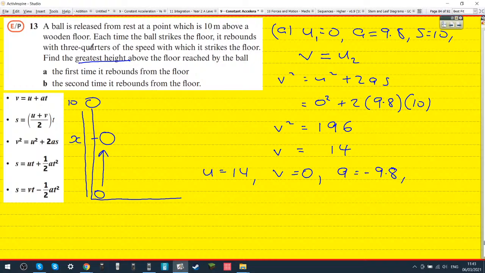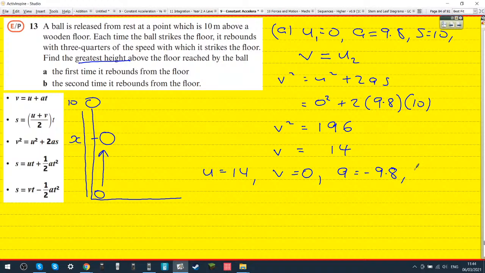But we want the greatest height it reaches. So is it just 9.8? No, the height. How do we get that?